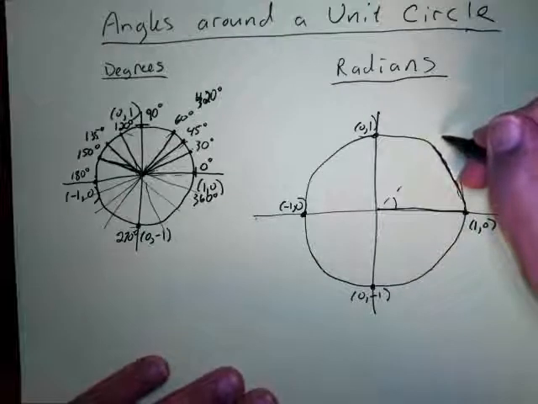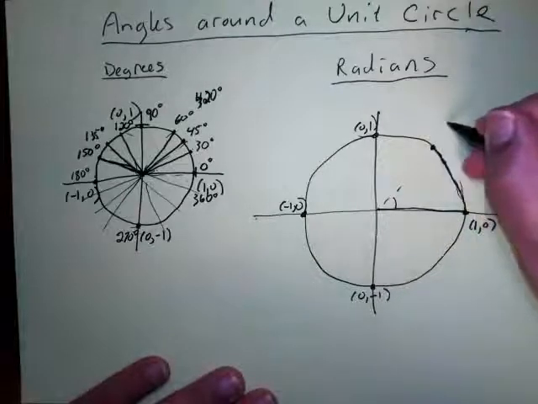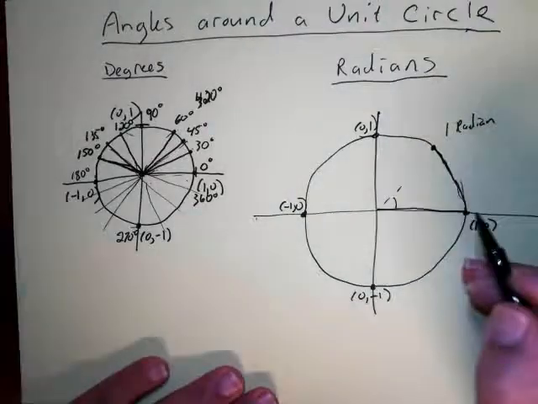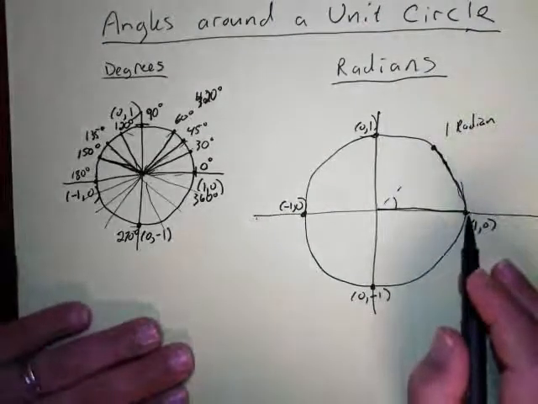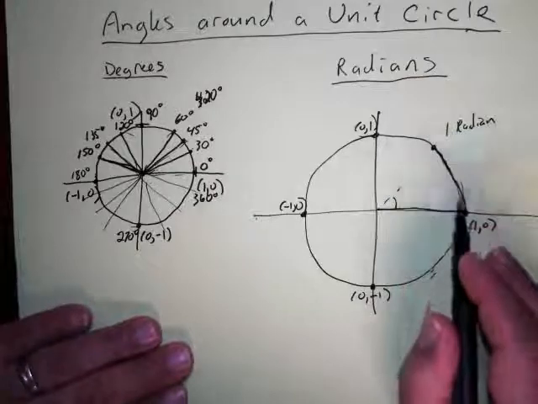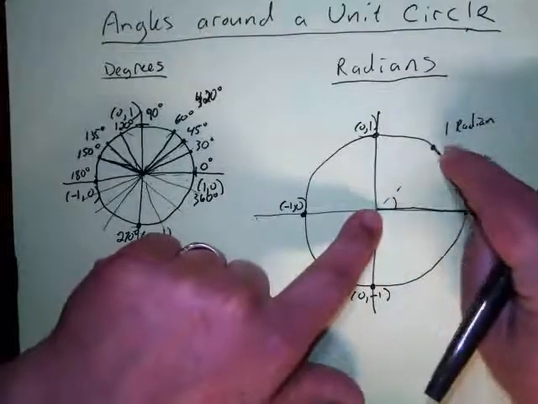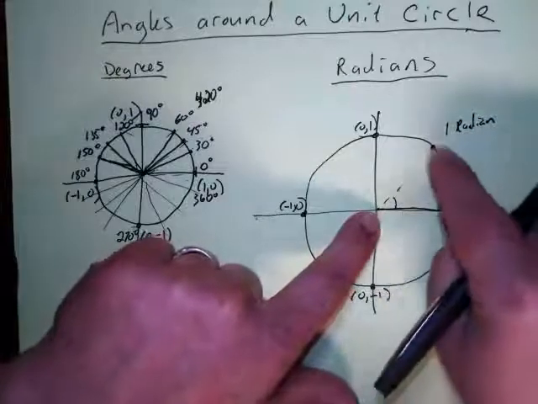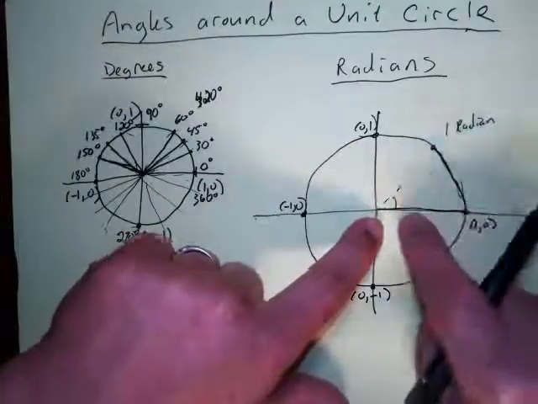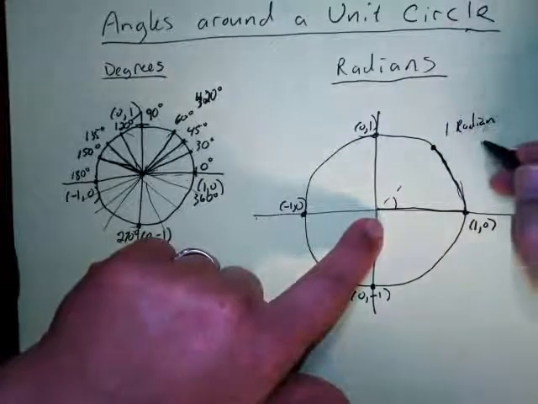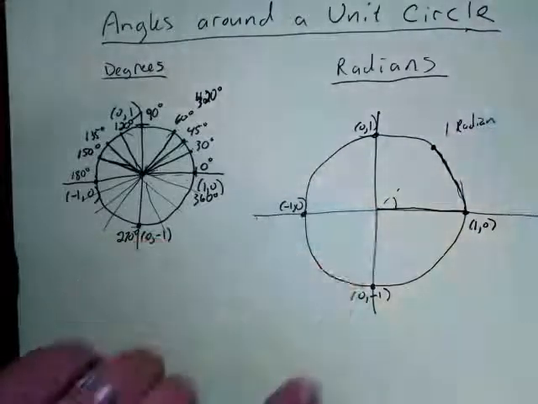And this would be 1 radian. So the arc length here is 1, and when you have an arc length of 1 around the unit circle, the angle that forms is 1 radian, and that ends up being about 57 degrees.